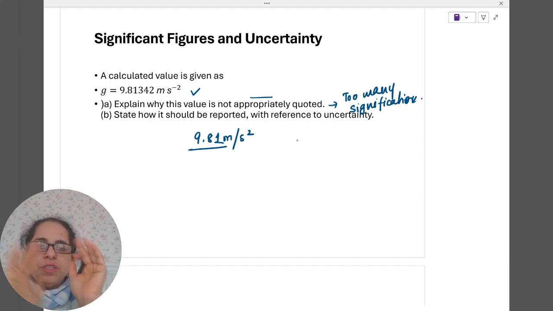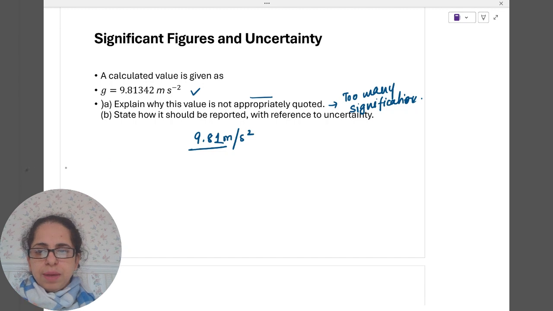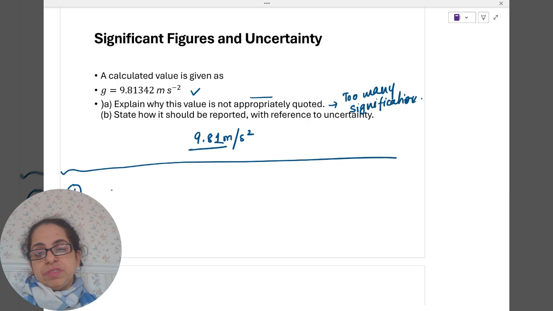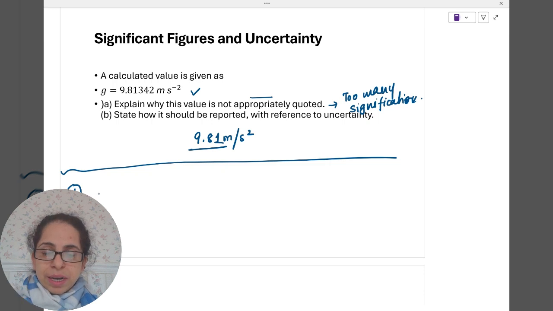So that's it. Just to recap, let's just see. Absolute uncertainties are just added in addition or subtraction. When you're adding two physical quantities or subtracting two physical quantities, the final uncertainty will always be added.